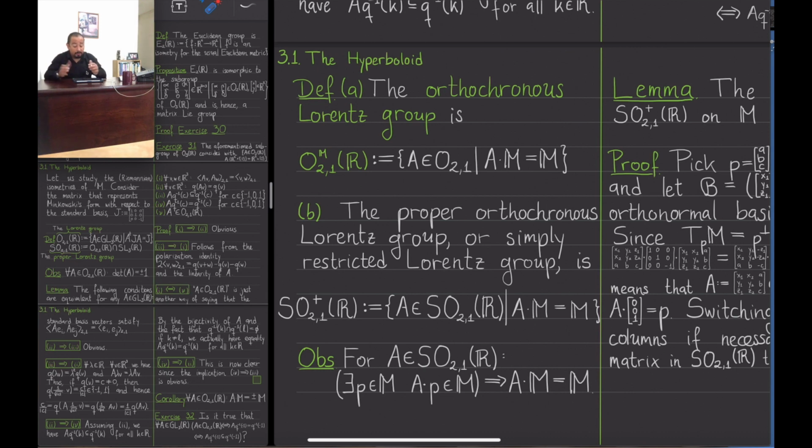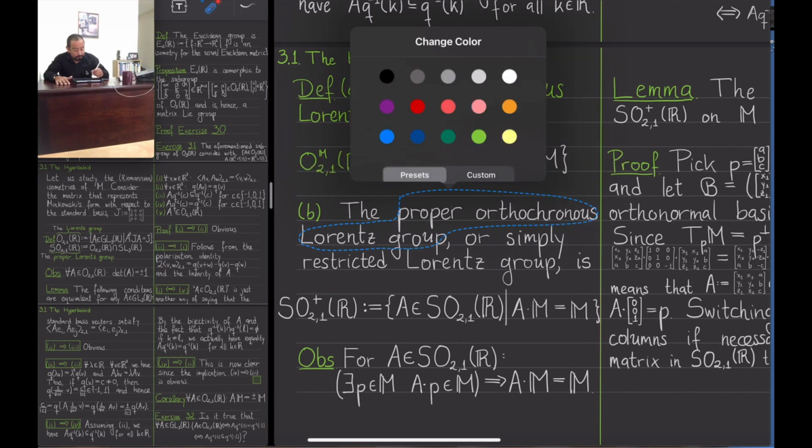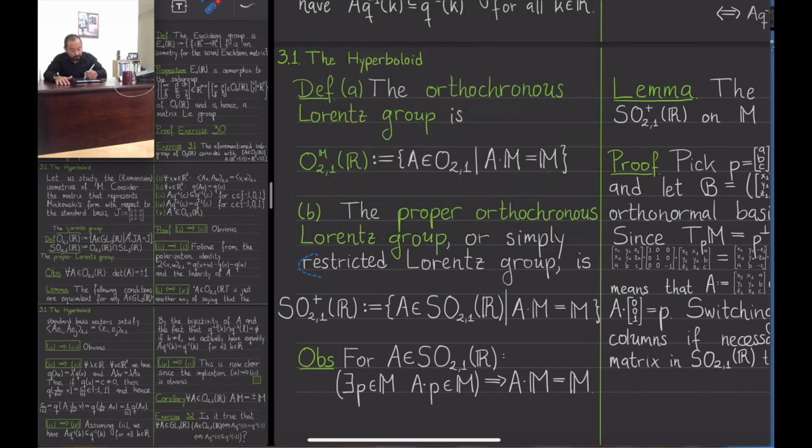To avoid those possible confusions, I prefer to just replace the plus with an M. Now, from those elements, we take the ones that have determinant 1, and we call it the proper orthochronous Lorentz group, or simply the restricted Lorentz group.